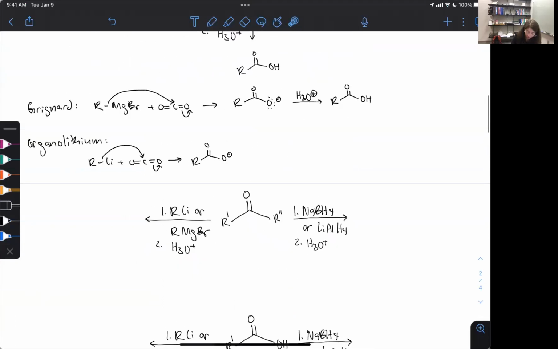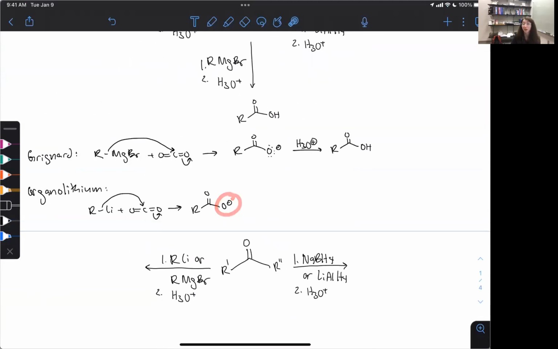The reason for that is because it's got so much electron density in it already, right? So we can imagine the resonance structure here where we've got a negative charge on both oxygens. And so that's a lot of electron density to be sitting right around that electrophilic carbon. So it makes it not very electrophilic. So you really need to have a really strong nucleophile in order to get it to react.